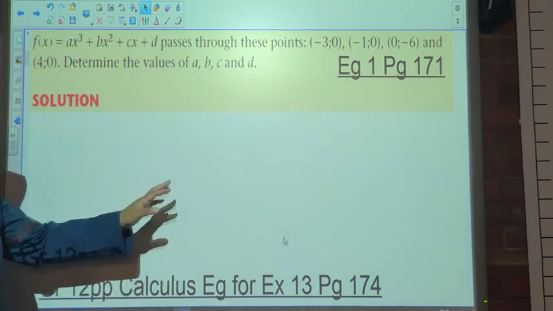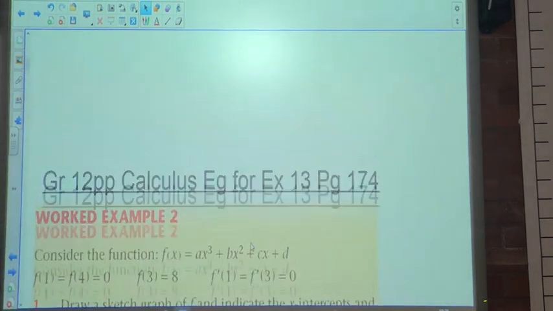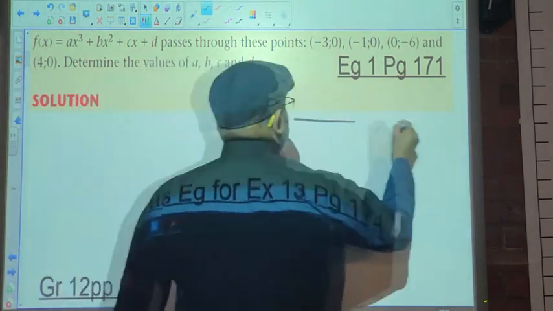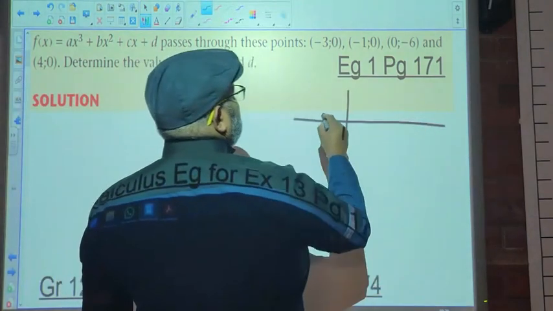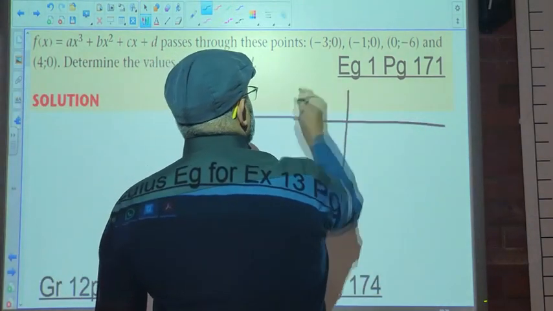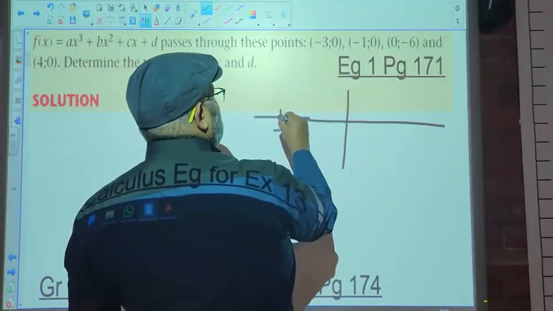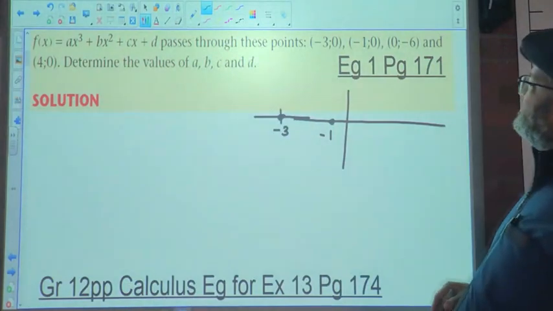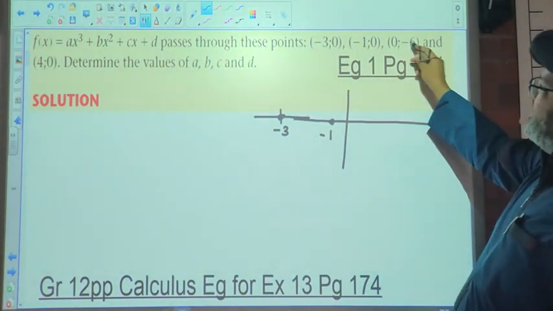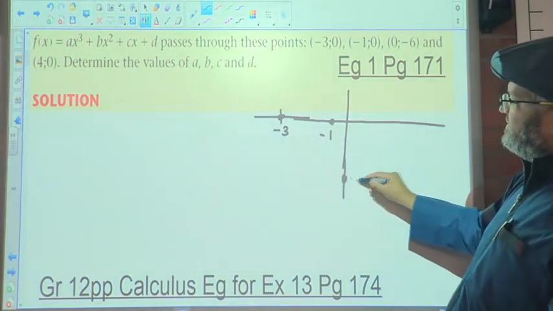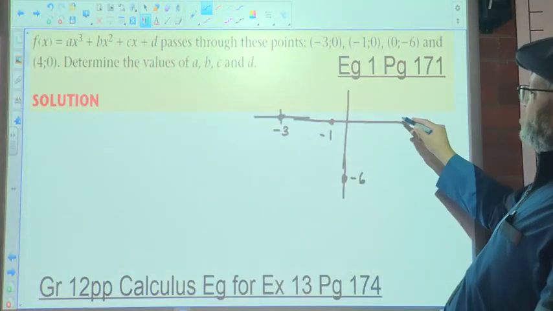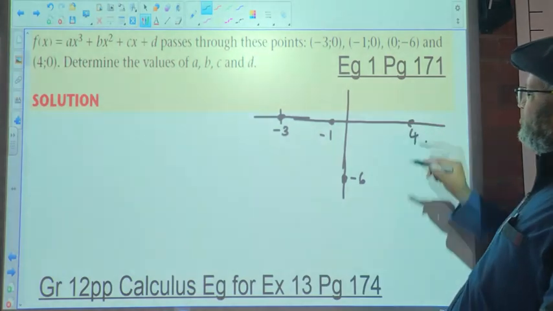So what we know about these coordinates, if I draw this, we got minus 3 and 0, so it must be an x-intercept, negative 1 and 0, another x-intercept, 0 and minus 6, of course, the y-intercept, and 4 and 0 is approximately there.